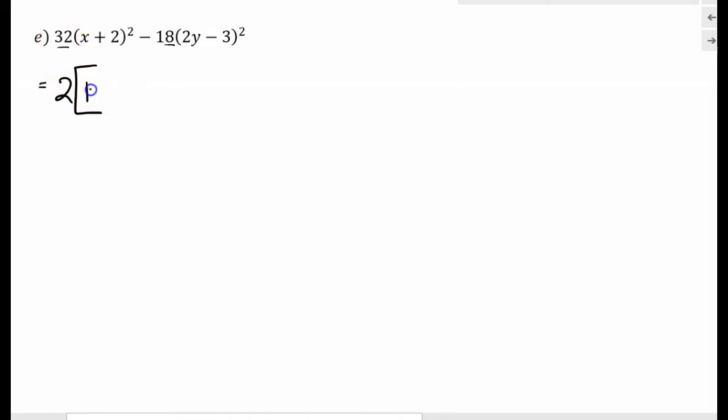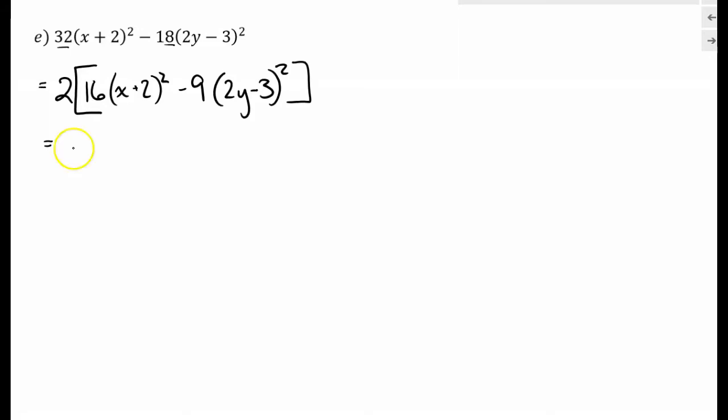And we're left with 16 times x plus 2 squared minus 9 times 2y minus 3 squared. From there, well, 16 is a perfect square, x plus 2 squared is a perfect square, 9 is a perfect square, so is this piece here, 2y minus 3 squared. So I'm dealing with a difference of squares. So let's go ahead and break this down a little further.